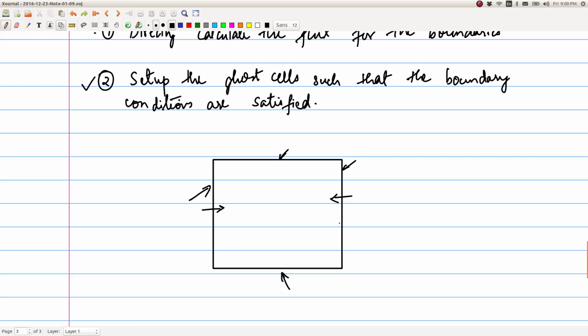In case of inviscid flow the tangential component can exist, but the normal component of velocity is 0.